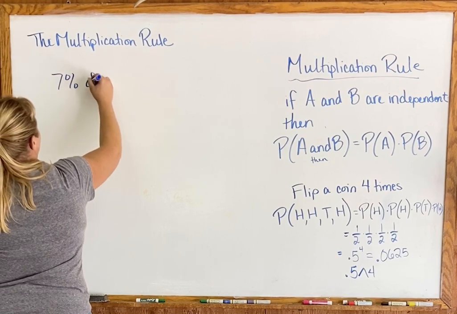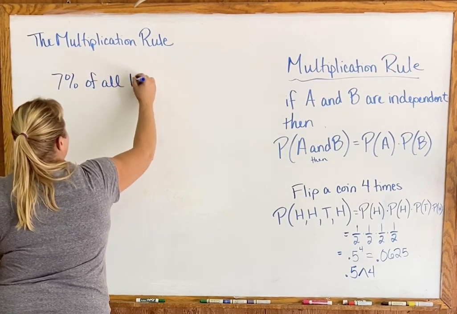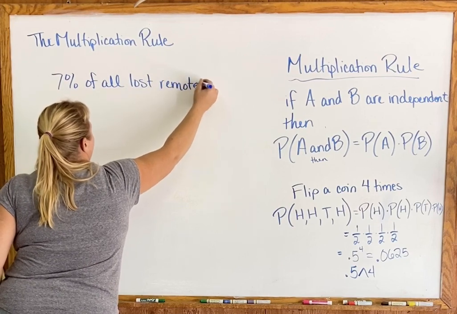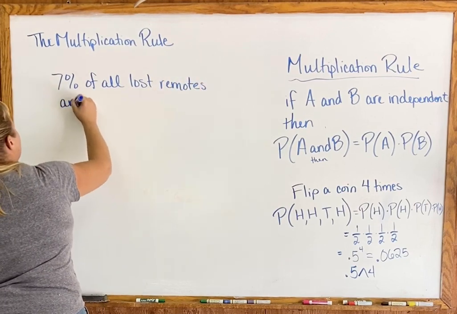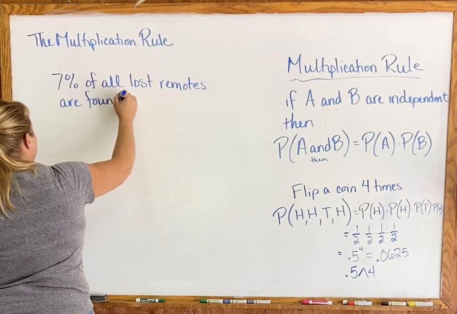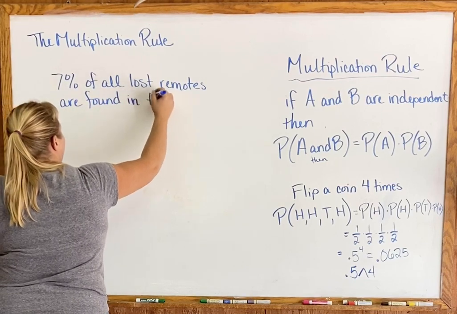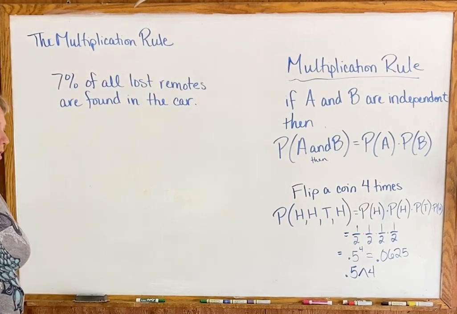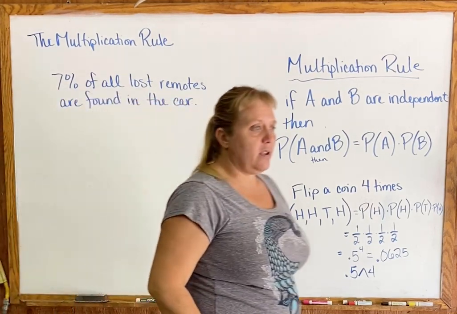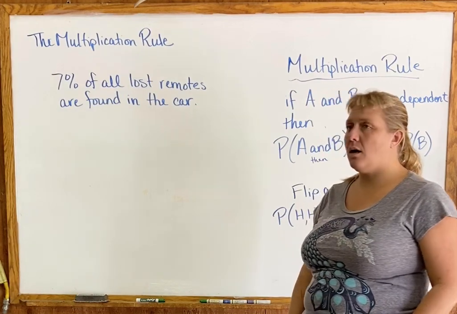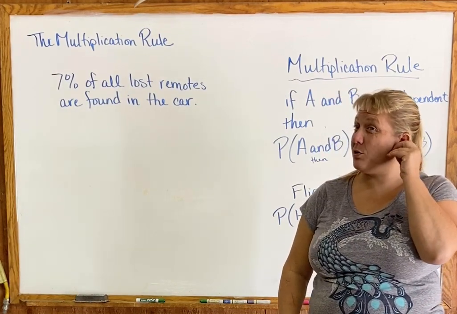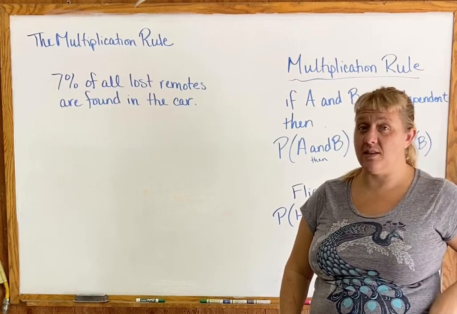70% of all lost remotes are found in the car. Okay, so let's be very clear. A lot of examples I make up, and that'll become much more clear as we go into this further and you see the different examples.